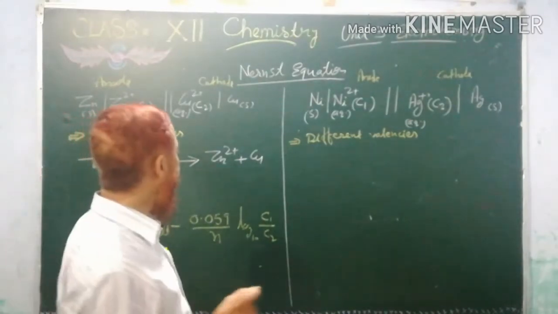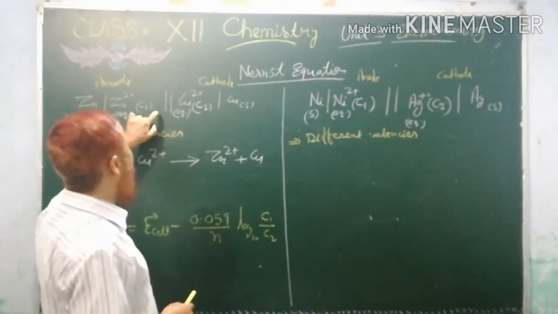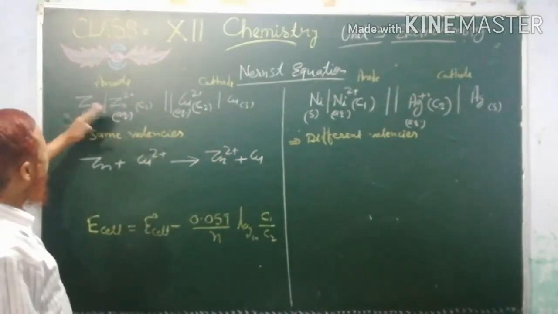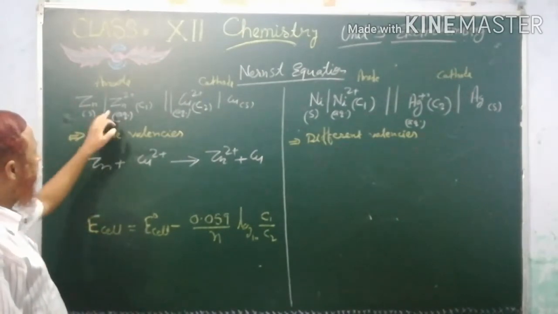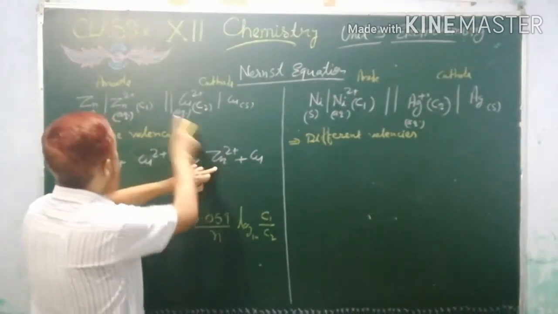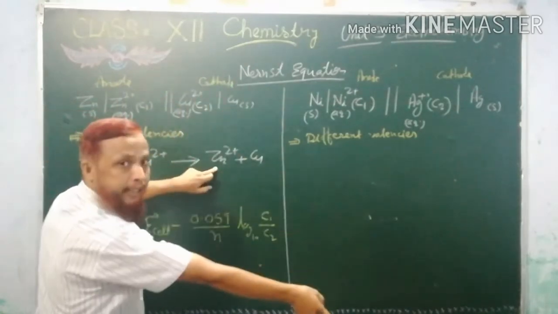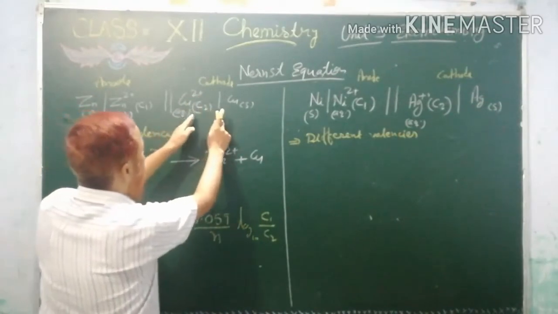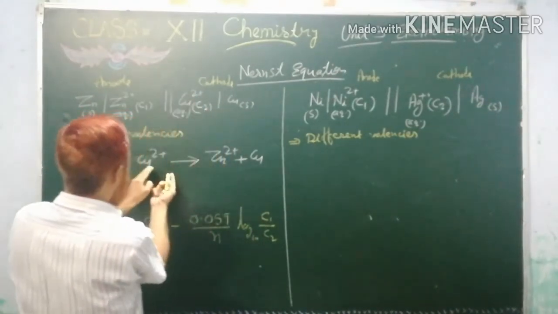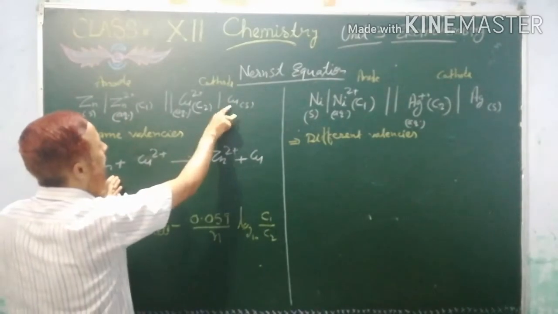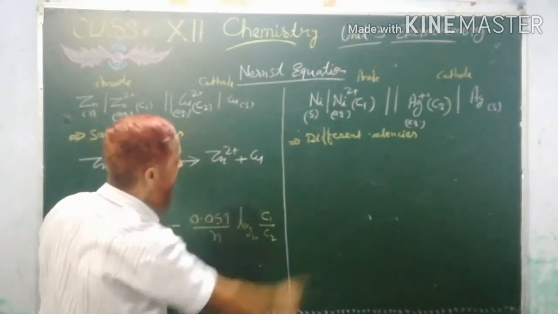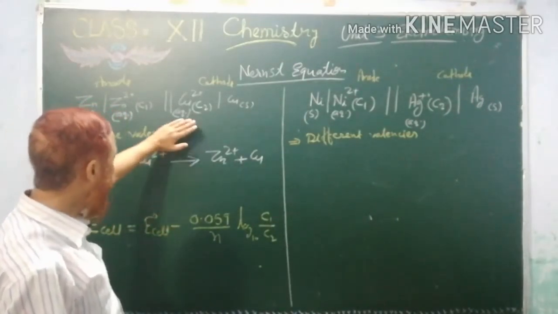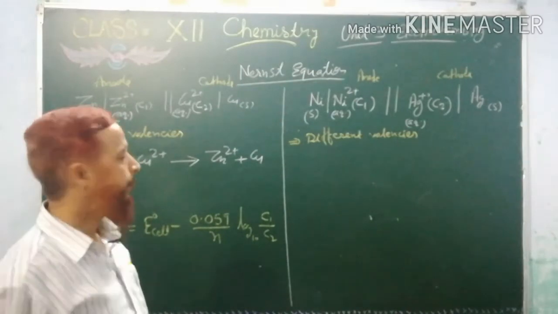You can directly write the cell reaction by observing the cell representation. How? Anode side reactant will be as reactant and product will be as product here. So Zn 2 plus will go on the right hand side. And in cathode system, Cu2 plus is the reactant. If you see here, it is just left hand side, so it will come on the reactant side, and copper will be on the right hand side, so it will go on the product side. That is a very simple concept to write the cell reaction.